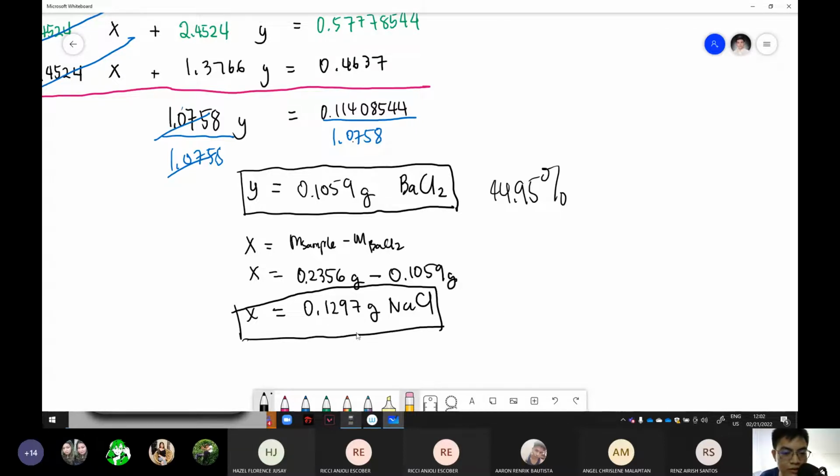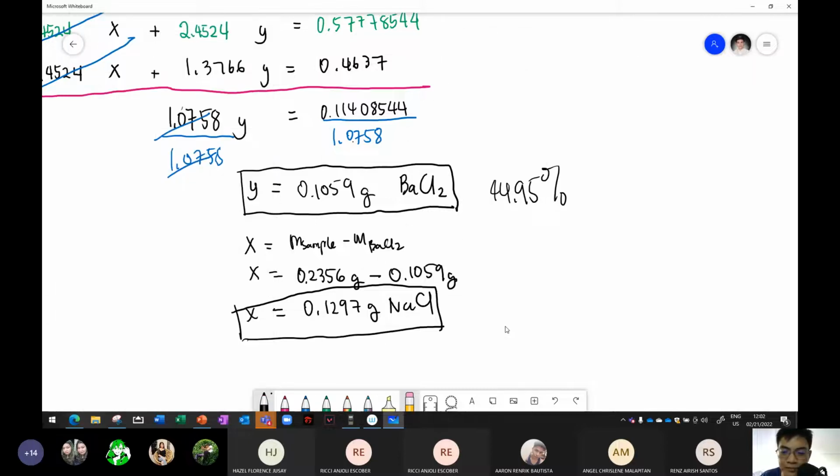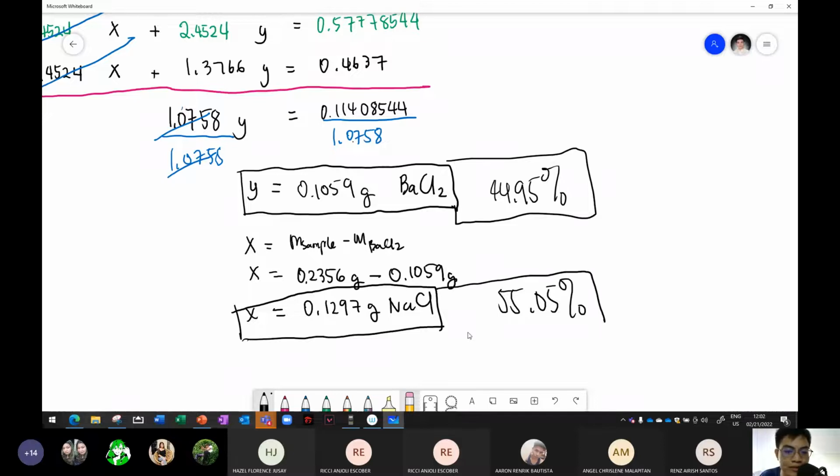And then, minus 1 mo lang. Okay, so 100 minus 1, minus the answer. You will get the percentage of sodium chloride, 55.05. Okay, so yun yung mas appropriate answer, no? May ganito sa quiz, ha, kaya importante na alam nyo yan. Okay?